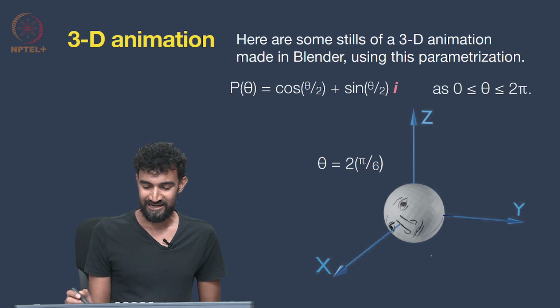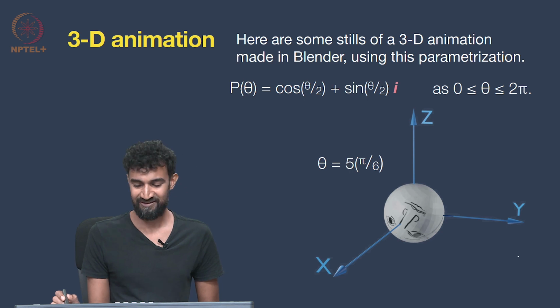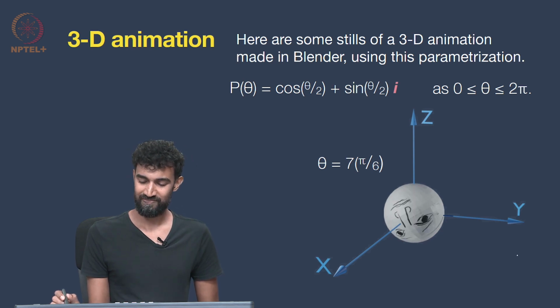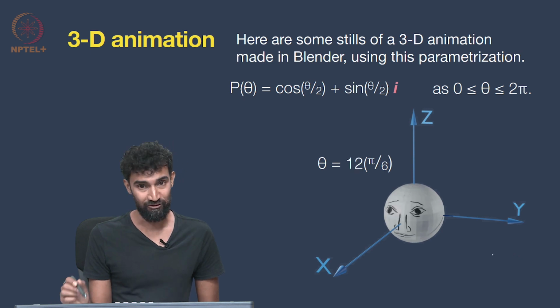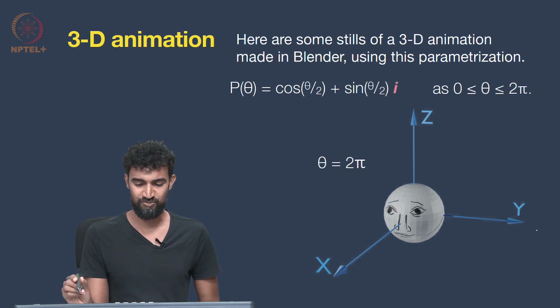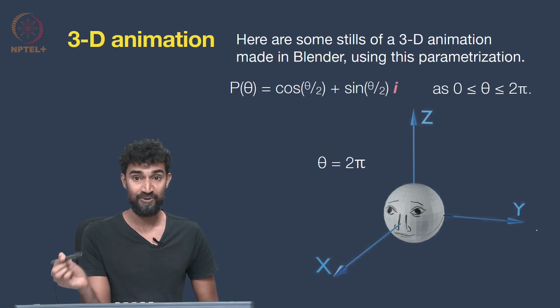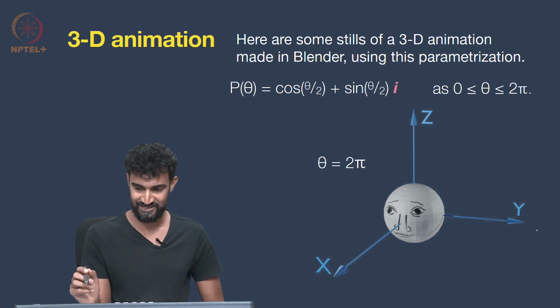Now theta is equal to 2 pi over 6, 3 pi over 6, 4 pi over 6, 5 pi over 6, and so on, all the way up to 12 pi over 6, or 2 pi. So as you can see, as theta ranges from 0 to 2 pi, we get a full 360-degree rotation loop about the x-axis.